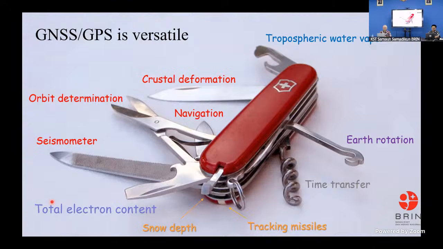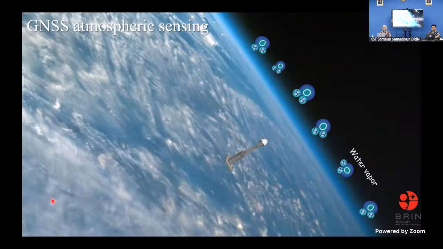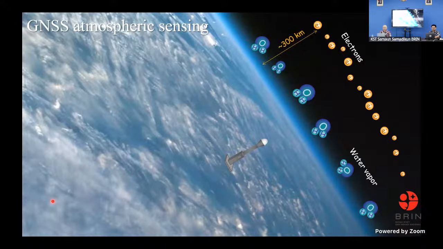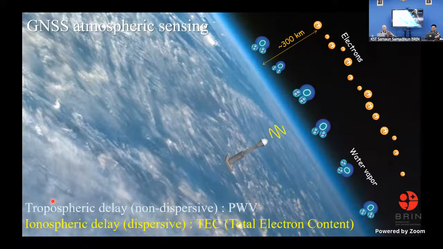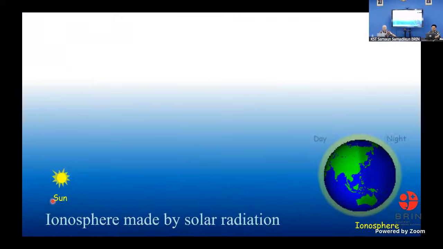This is the number of electrons in the ionosphere. There are two different layers, ionosphere and troposphere, and both cause a delay of microwave signals from satellites. Today I'm focused on the ionosphere.